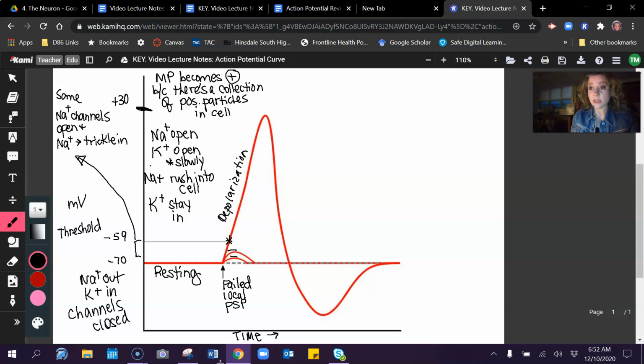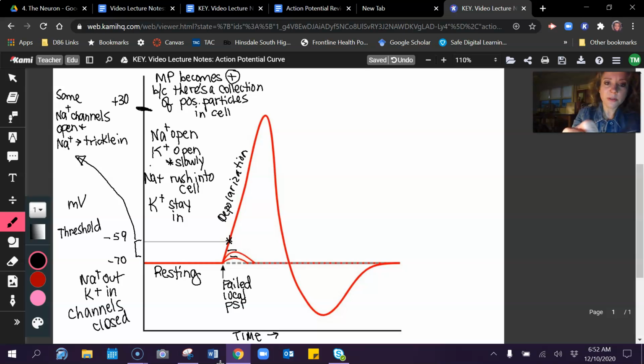So potassium stays in and you're adding more sodium coming in. And so now you've got this big crowd of positively charged ions that are found inside of the cell. And that is happening during depolarization.